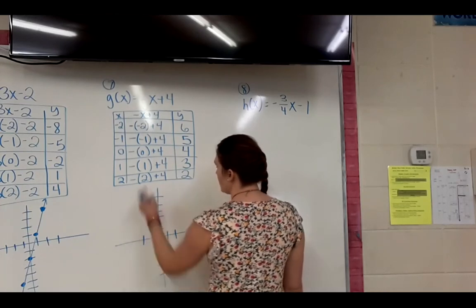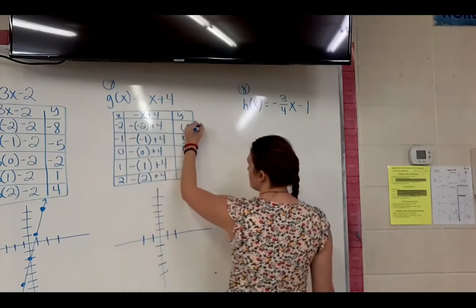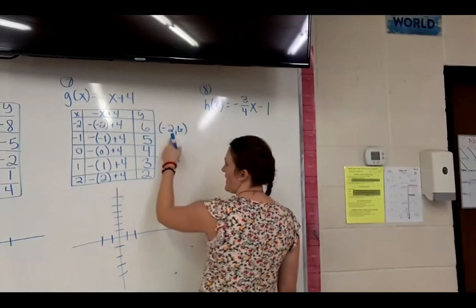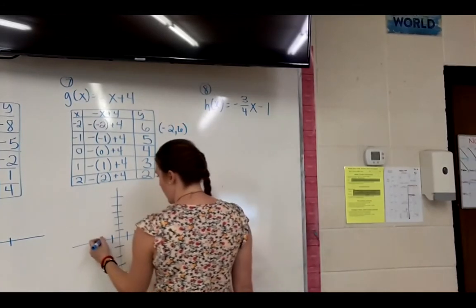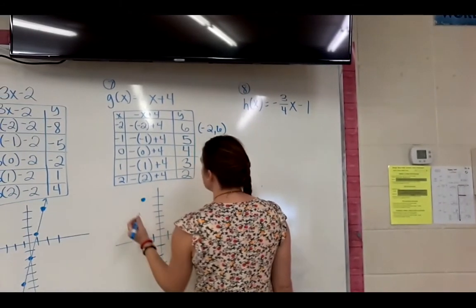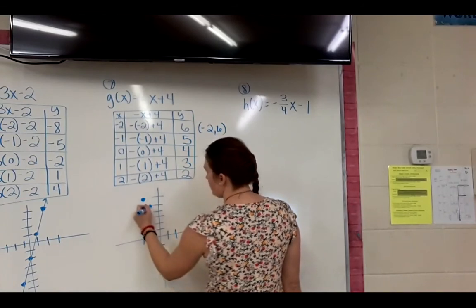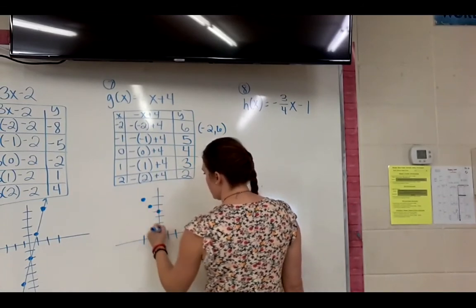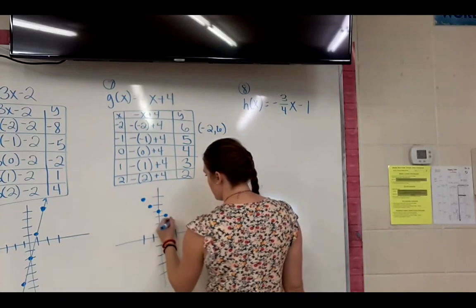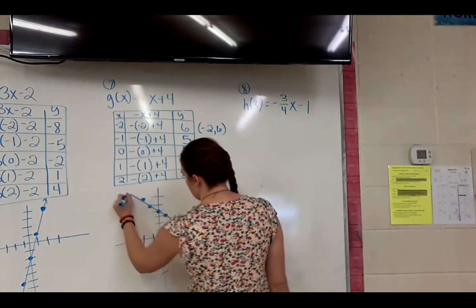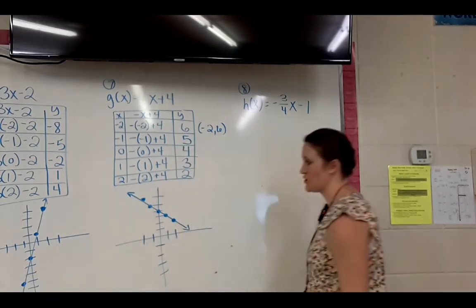Okay, so this is the point negative 2, 6, as if it were like that, x is first, then your y. So negative 2, 6, negative 1, 5, 0, 4, 1, 3, 2, 2. We have our linear function.